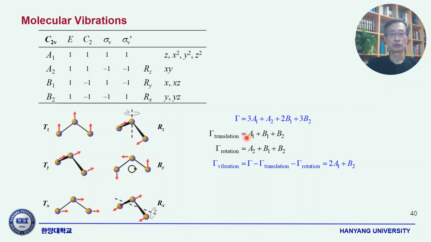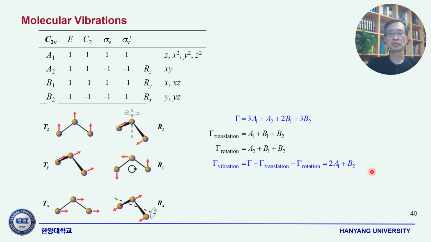Now you subtract these translation and rotation from the total gamma: gamma minus gamma translation minus gamma rotation will leave you here. Subtract 1A1, then 2A1, and then 1A2 is gone, 2B1 is gone, and then 3B2 minus B2 minus B2, leaves 1B2.